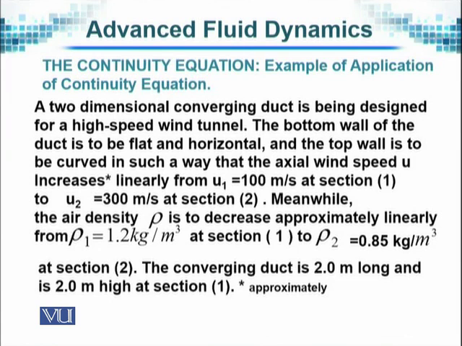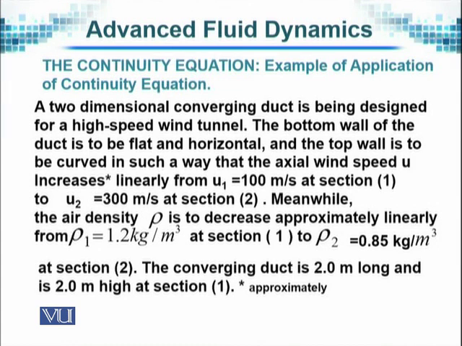And the top wall is designed to be curved such that the axial wind speed U approximately increases linearly from U1 equals 100 meters per second at section 1, that is at the beginning, and it increases to the speed U2 equal to 300 meters per second at section 2. We show it in a diagram shortly.